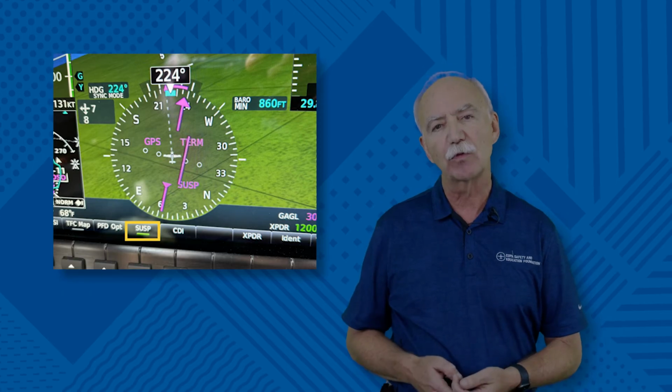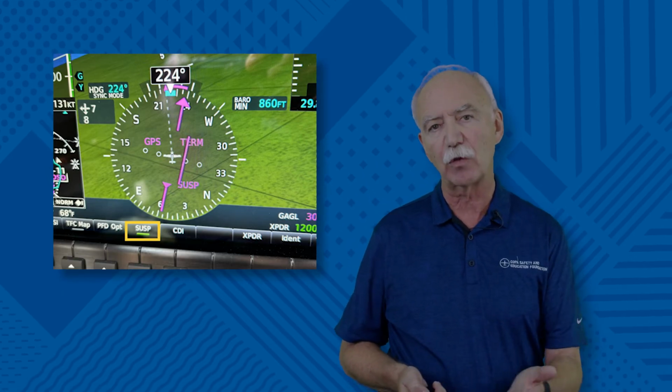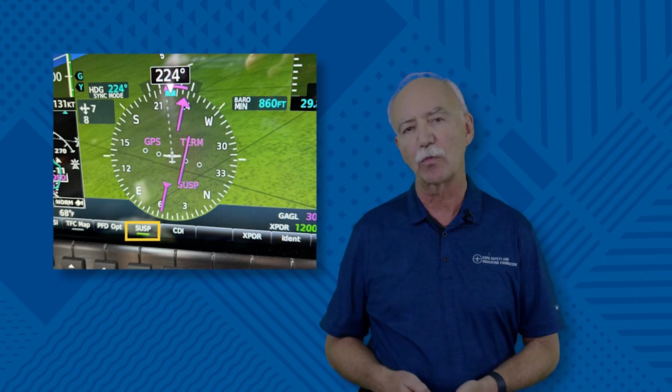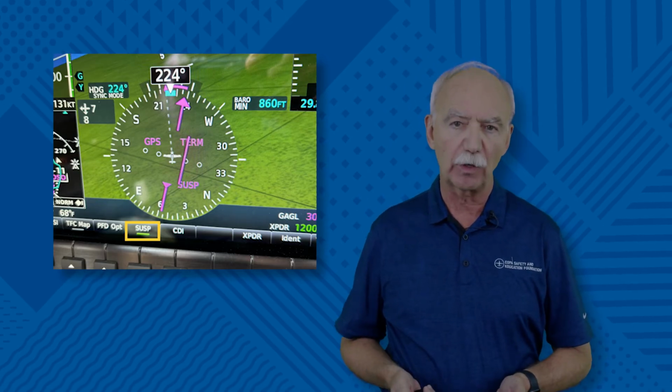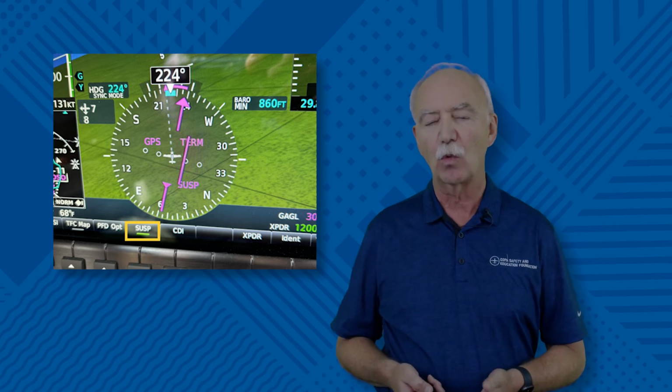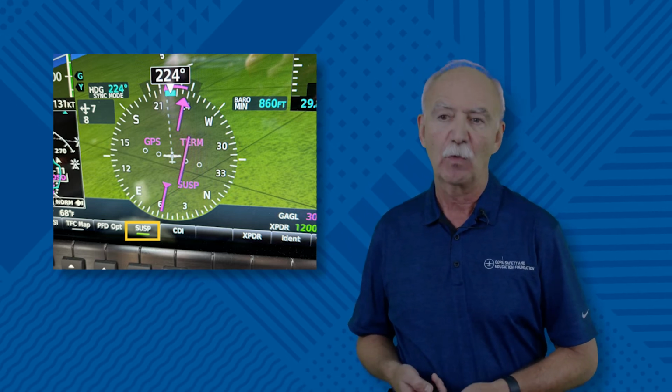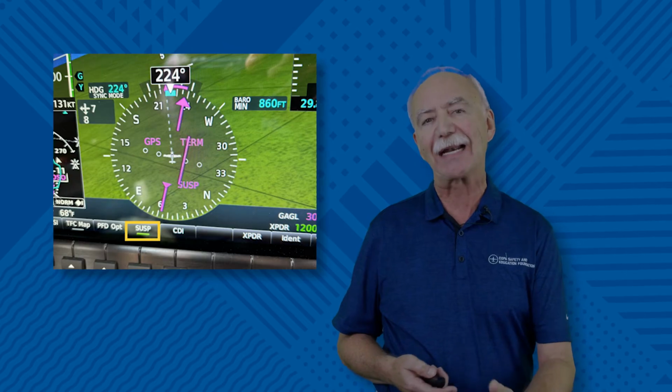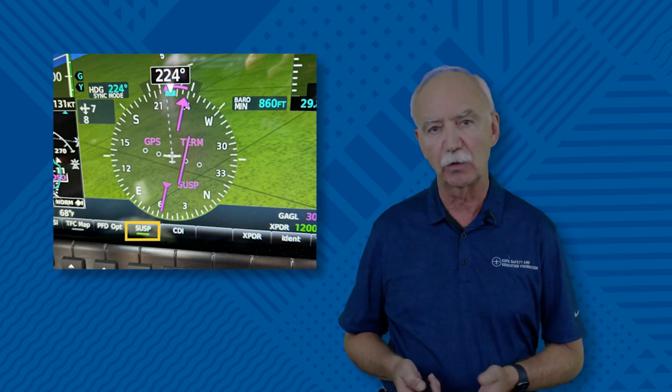And oftentimes if you were going to fly a missed approach, there was not a direct straight line from that missed approach point to the missed approach point. So they invented this thing called Suspend, which basically stands for suspending waypoint sequencing. What that really means is you will not automatically be sent to the next waypoint until you do something to tell it to do so.